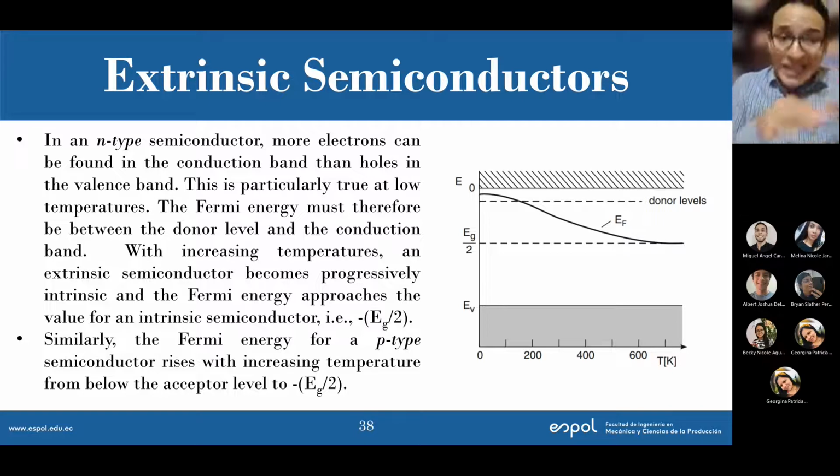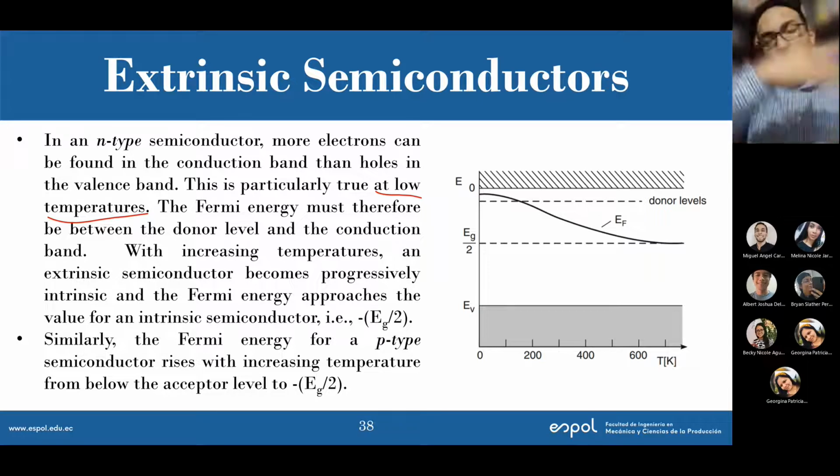Especially since the extrinsic effect actually has a big effect only at low temperature. And remember, low temperatures, I mean 0 to 300 Kelvin or 250 Kelvin, okay? So that is when we have more electrons in the conduction band than holes in the valence band.